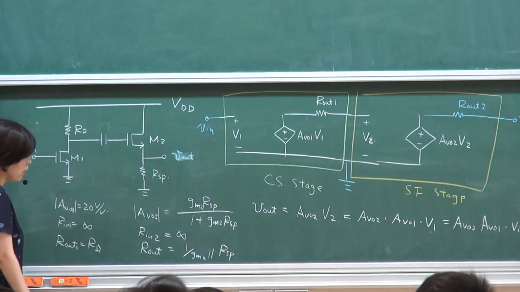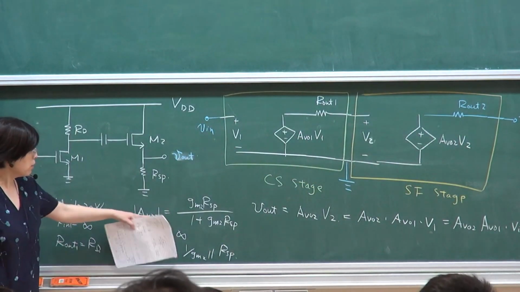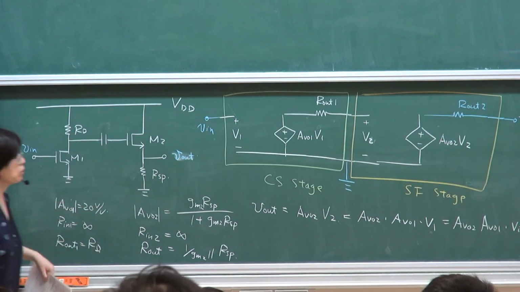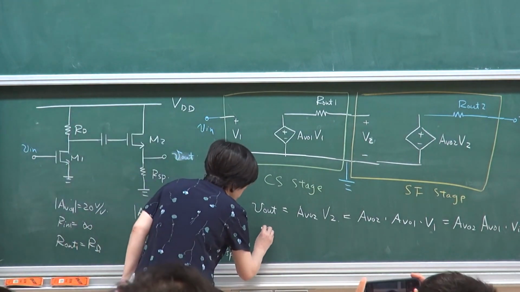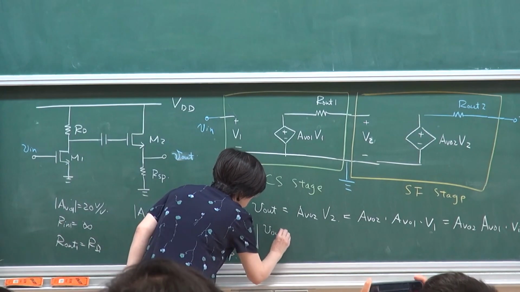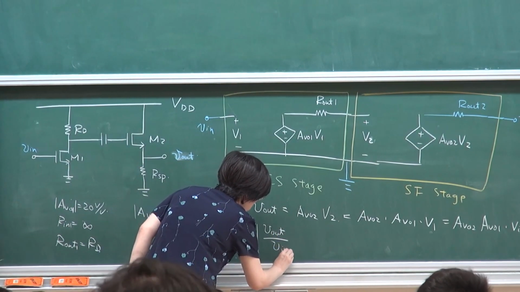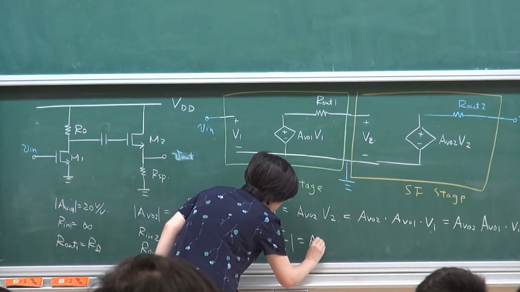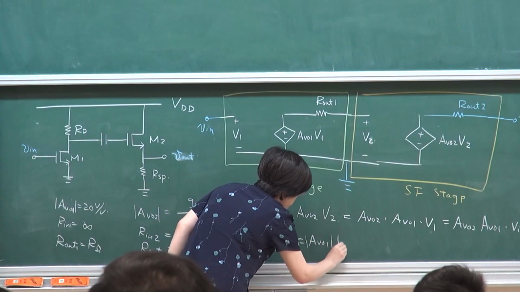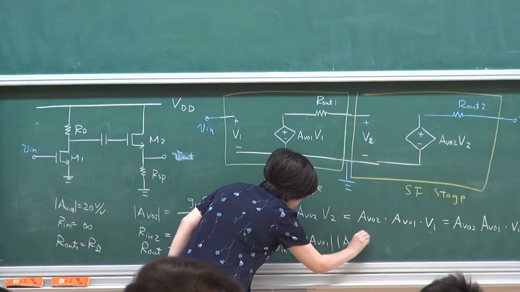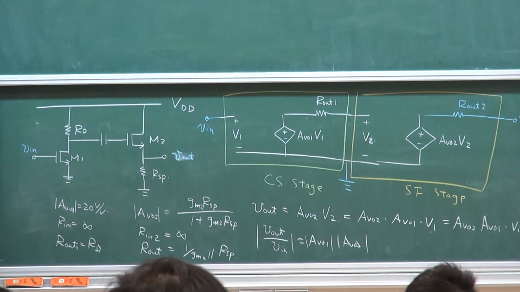So my overall gain will simply be the multiplication of these two, the absolute value being AVO1 times AVO2.